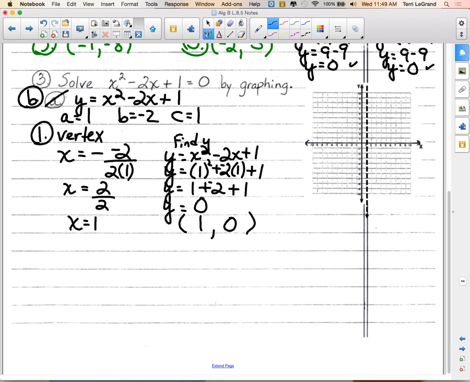You guys agree with me? The vertex is 1, 0. Yes. Okay. So we'll put a point on the axis of symmetry at 1, 0.